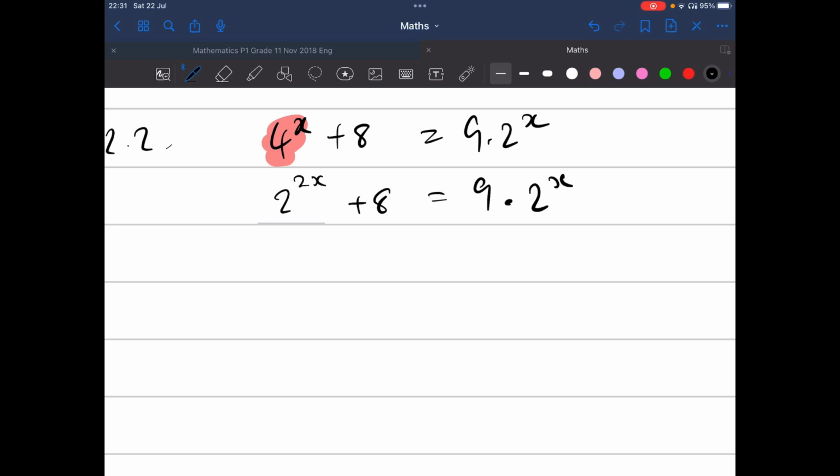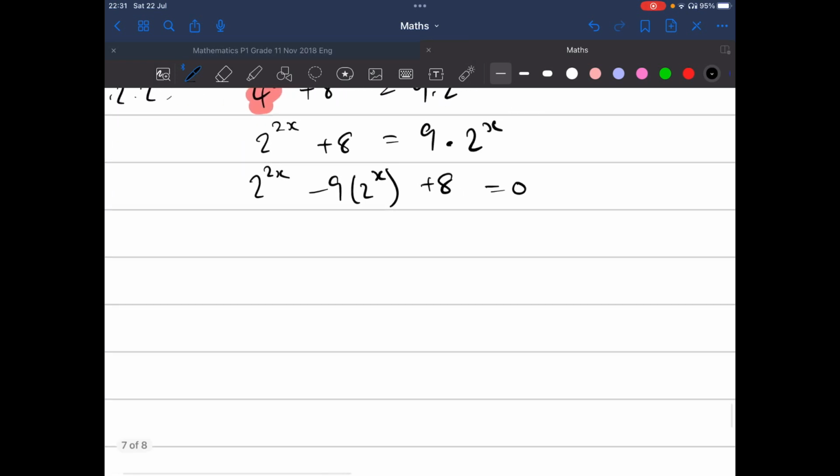Okay, so let's bring this to this side here. So this will become minus 9 times 2 to the power of x plus 8, there's a plus 8, equals 0. Okay, now let's say let 2 to the x equal k, for example.